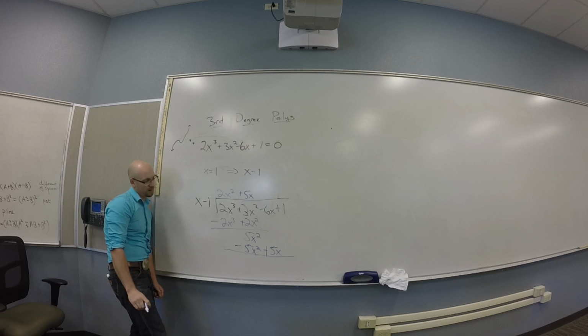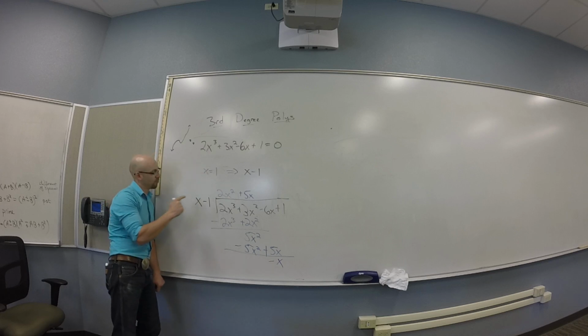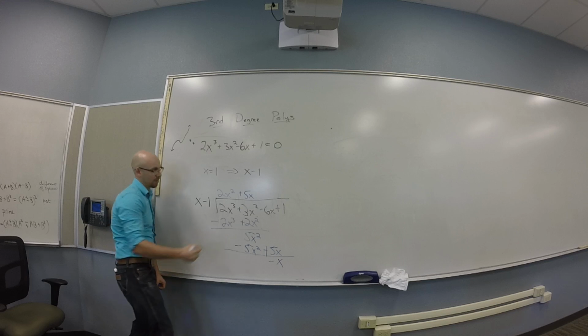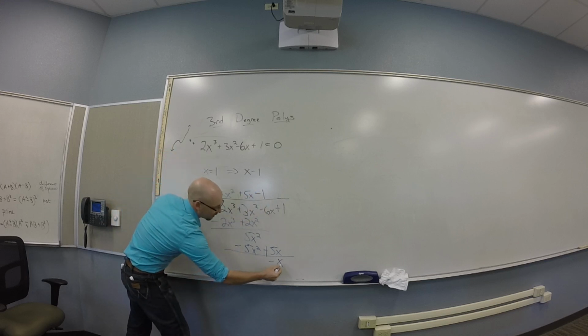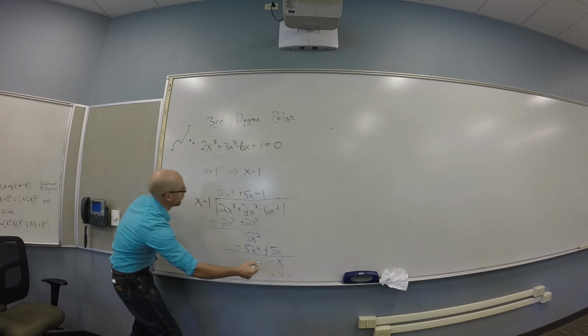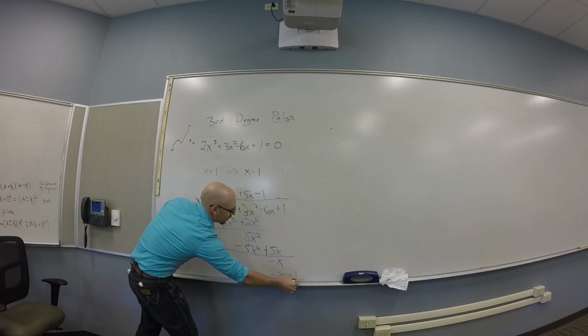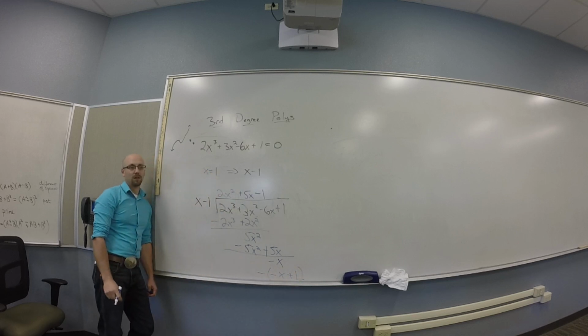And so you get a negative x. And then you ask yourself, what do I multiply by x to get negative x? Negative 1. And then if you multiply this back by that, you'll get minus x plus 1. And then you need to subtract that. So that makes it minus 1 again. And you should get 0.